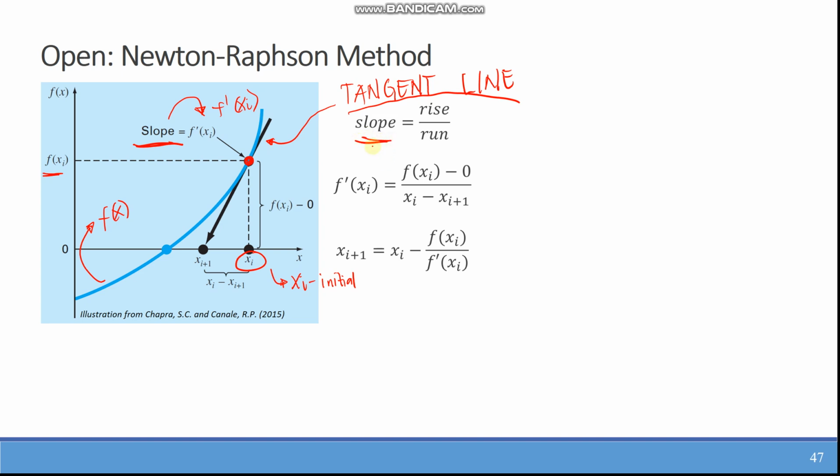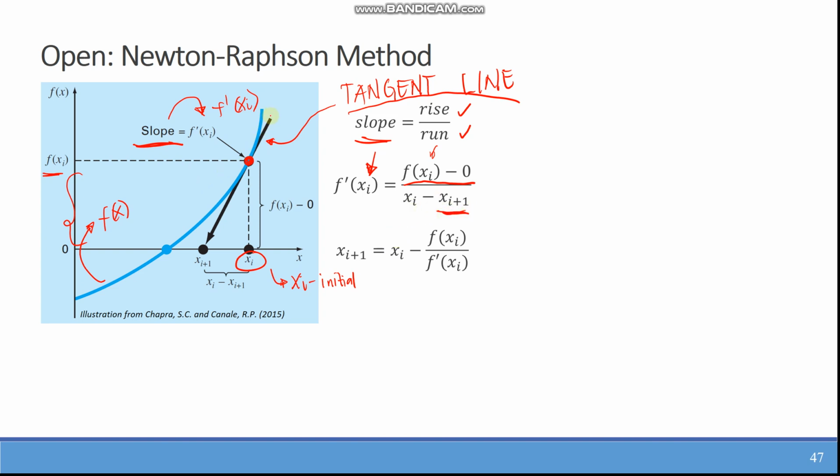The slope of the function is the first derivative, and that is the rise over the run. So the rise is this one: f of x sub i minus 0, all over x sub i minus x sub i plus 1.